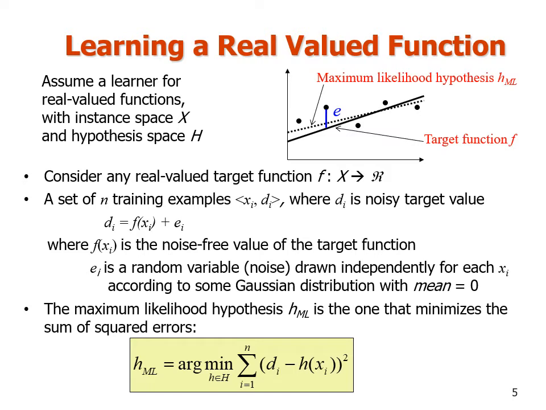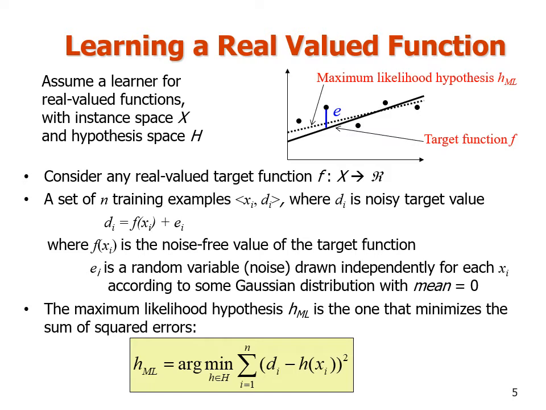So here, as usual, we are computing an error between the target value and the value computed by the hypothesis for every example in the training set. So we have the sum of squared errors, and we are finding the maximum likelihood hypothesis as the hypothesis that gives us the minimum error.